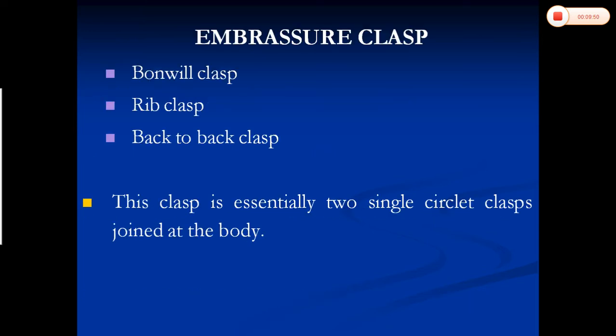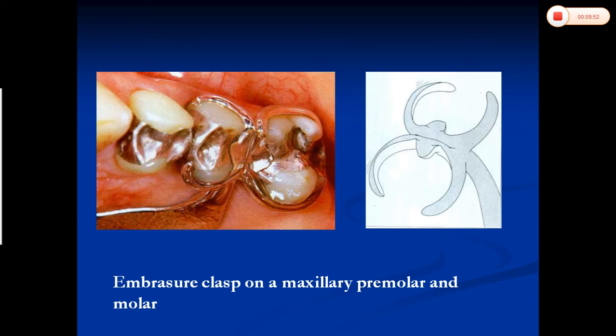So the next type of clasp is the embrasure clasp. You can see this. In the embrasure clasp, we have two C clasps which are joined at the body of the clasp. You remember the clasp assembly, the different parts of the clasp, right? So the body of one C clasp and the body of the other C clasp will be joined together.